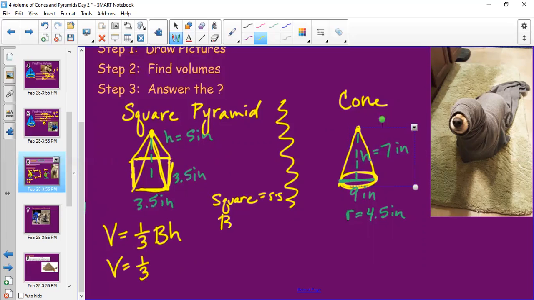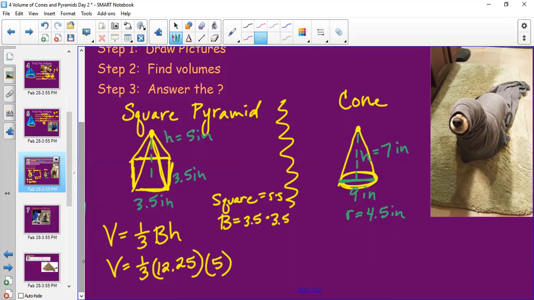So the big B in this case is 3.5 times 3.5. Let me do that in my calculator here. 3.5 times 3.5. Our big B is 12.25. And our height, we already said was 5.